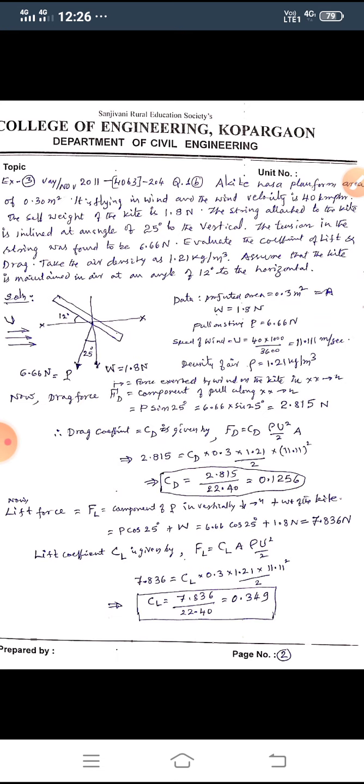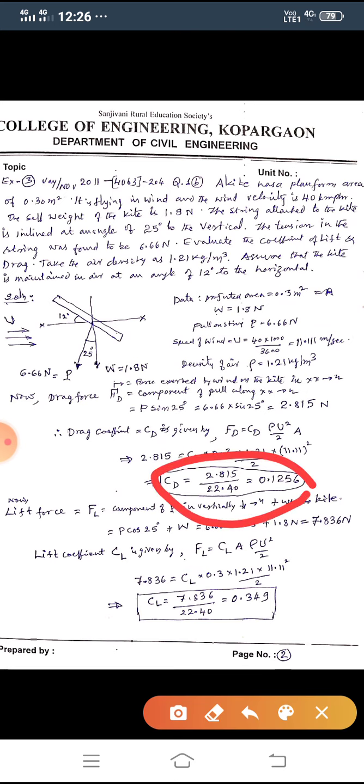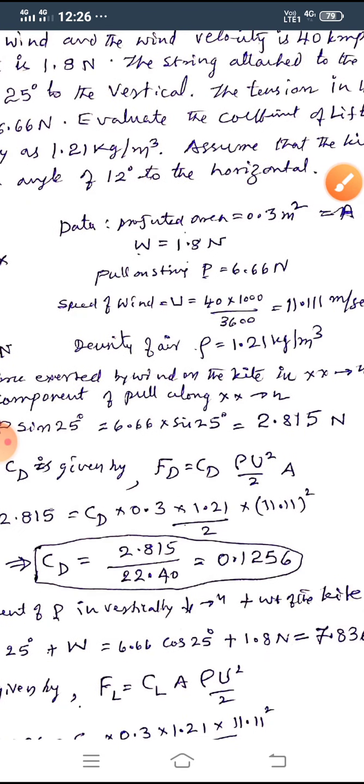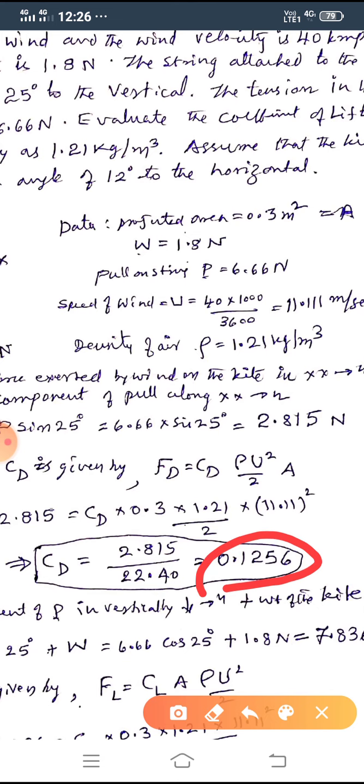Drag coefficient CD is given by FD is equal to CD rho U squared by 2 multiplied by A. Therefore, CD is equal to this one. How much? 0.1256 is the CD value.